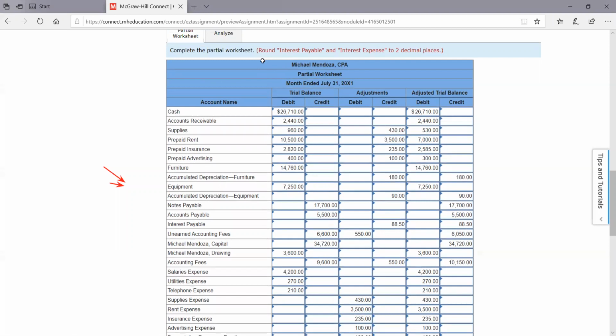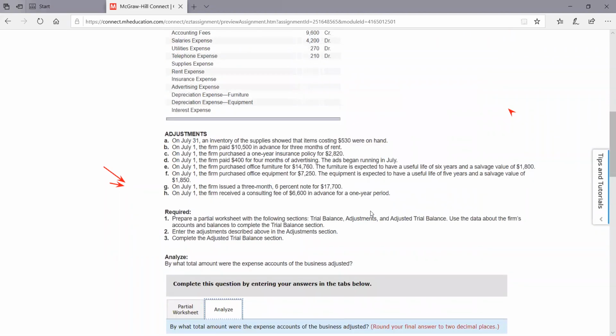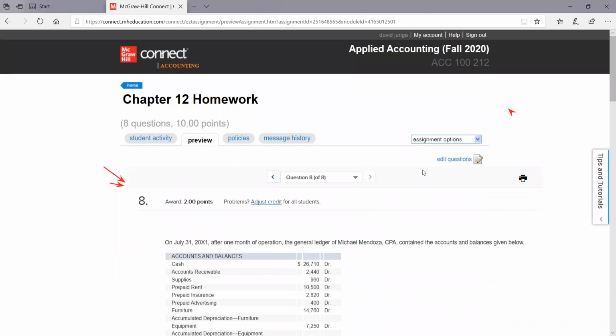And then, of course, they want you to come up with an adjusted trial balance. All righty. And then the last part is just to do an analysis, and then you can compare your answers in terms of the expense accounts. All righty. And that should take care of your Chapter 12 homework.